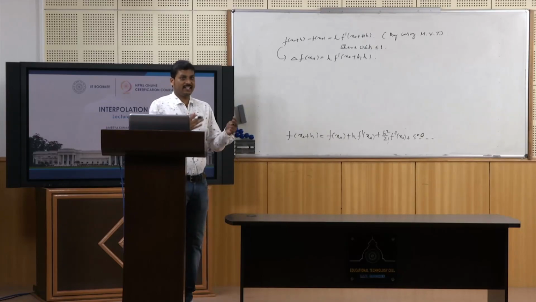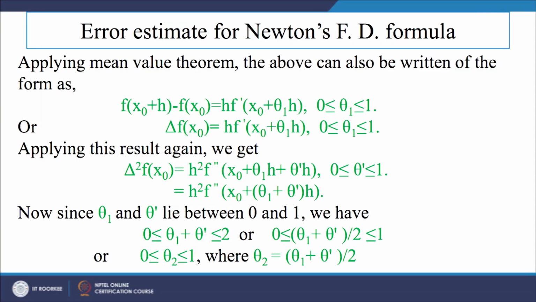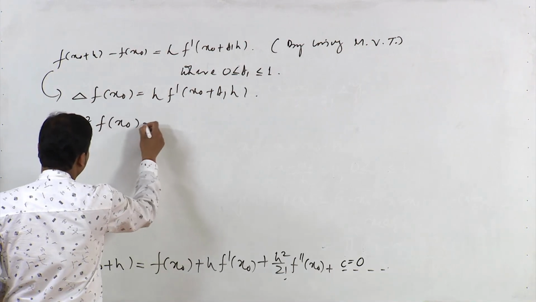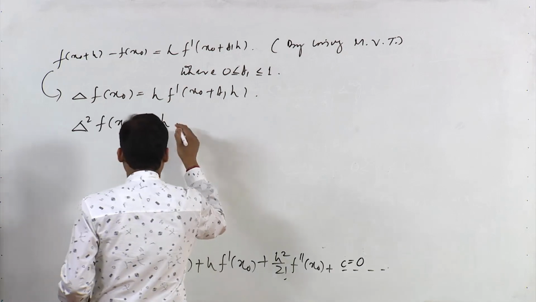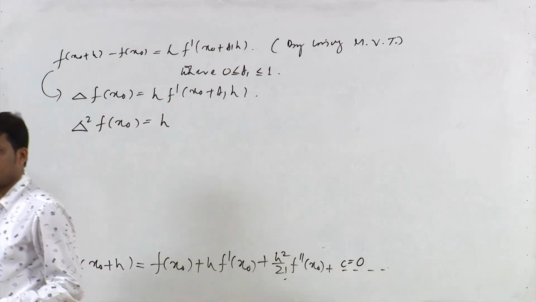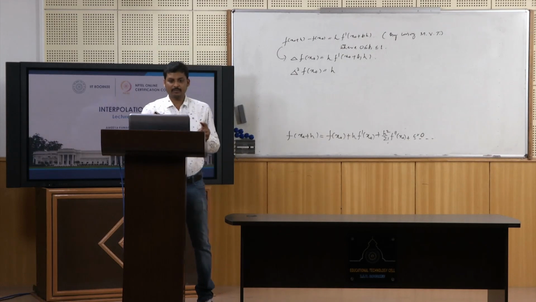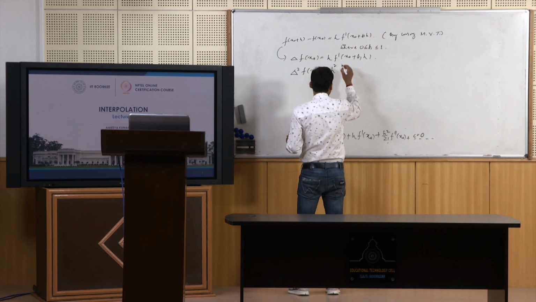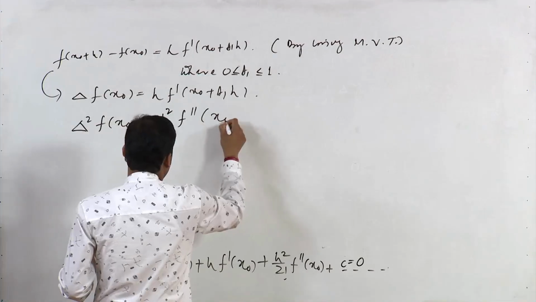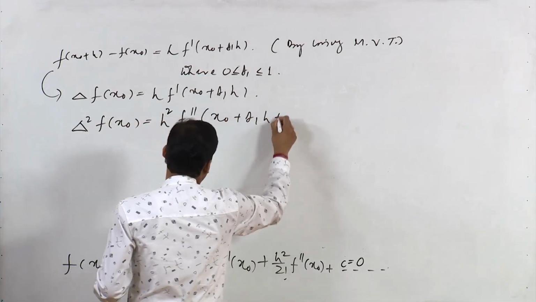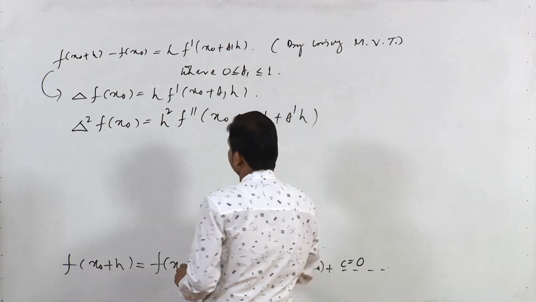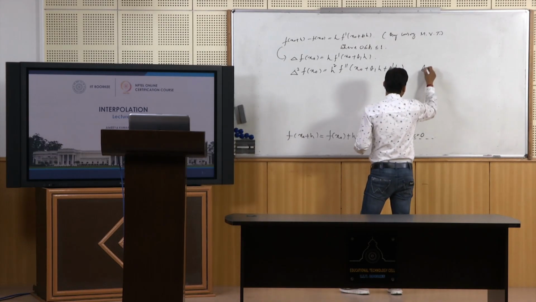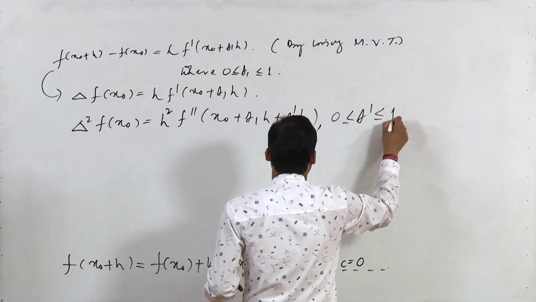If we repeatedly apply this, then we can write del square of f of x0 as, since it is expressed in the form of h f dash of x0 plus theta 1 h here, then it can be written as h square f double dash of x0 plus theta 1 h plus theta dash h here, and directly we can say that theta dash should lie between 0 and 1 here.